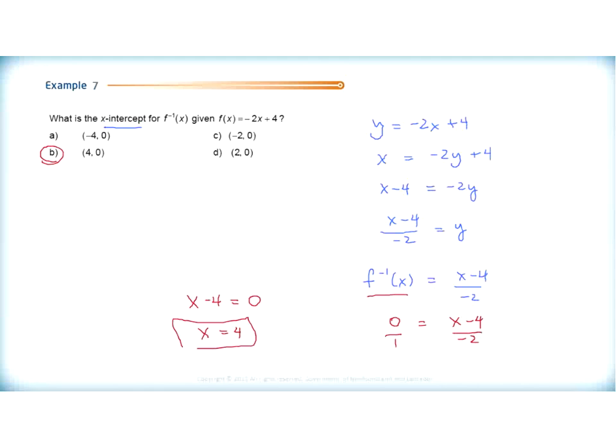And I guess we could have done it another way: the y-intercept of the original function will become the x-intercept of the inverse function. But I wanted to be sure by actually finding the equation of the inverse function, and then to find the x-intercept, I let y be 0. Cross multiply, x equals 4.